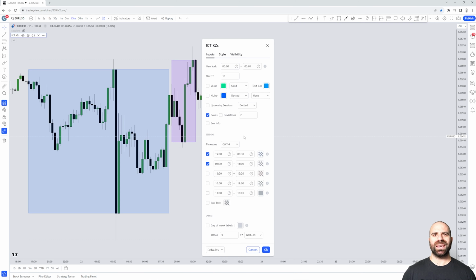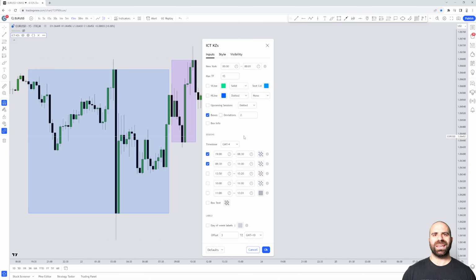Whichever is the highest and the lowest points, okay, the lowest point until 8:30. Of course, the indicator is gonna do it for us, but we want to highlight the lowest point and extend it until 11 a.m. and the highest point from 7 to 8:30 and extend that as well.